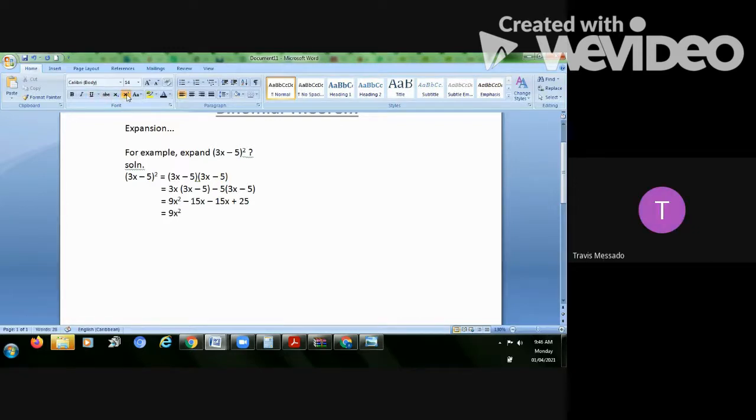So basically 9x squared plus 25. No, sir, that I go negative 30x, plus 25. That will be 21x plus 25.